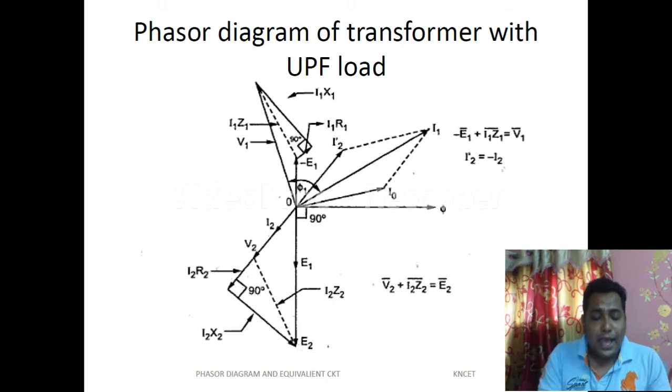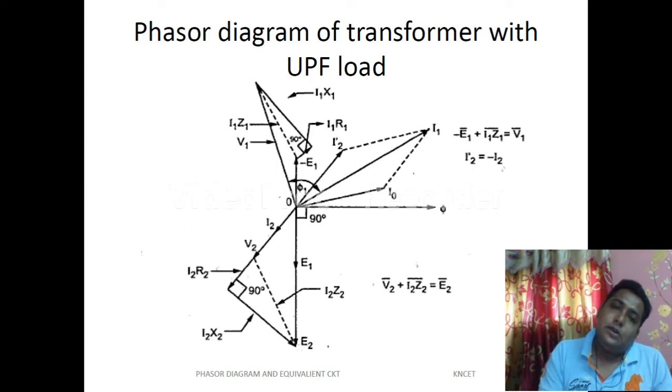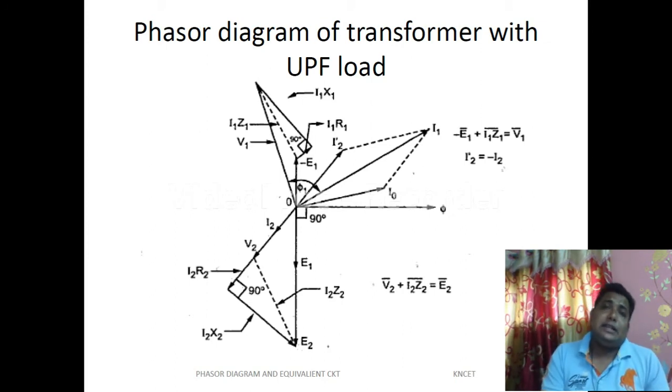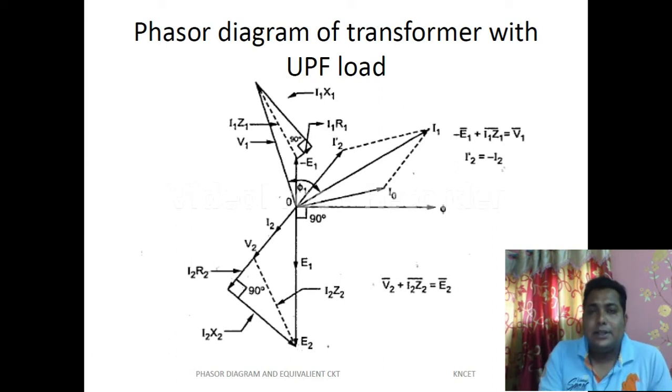Now, as I have previously said, the load may be of different types: resistive, inductive, and capacitive. In case of resistive load, it is at unity power factor, in case of inductive load it is a lagging power factor, and capacitive it is a leading power factor.